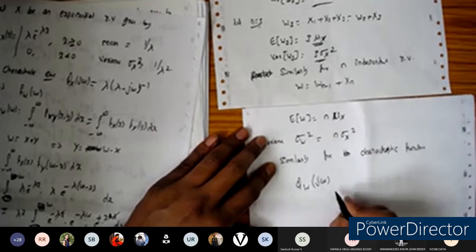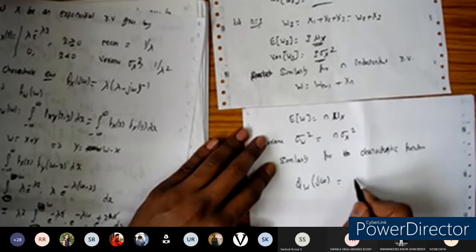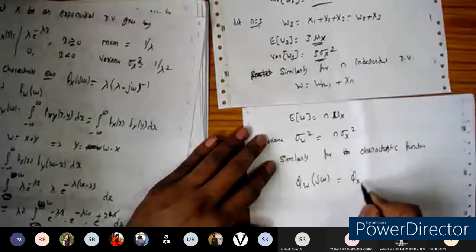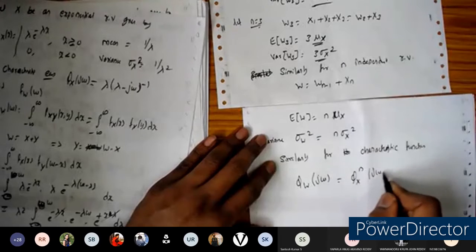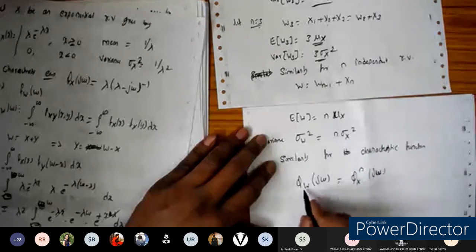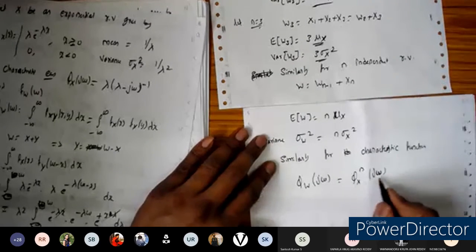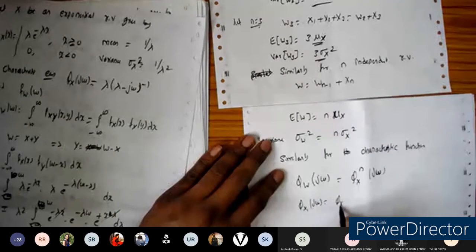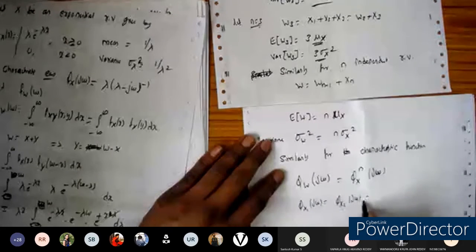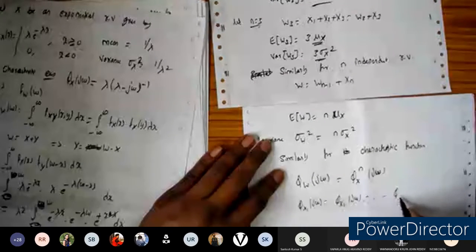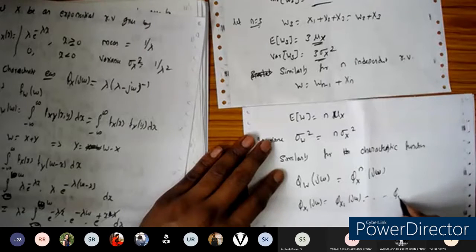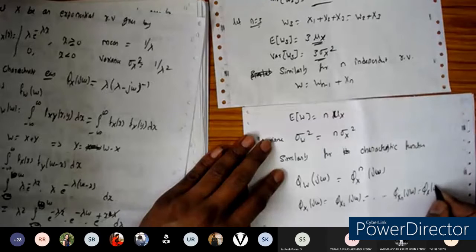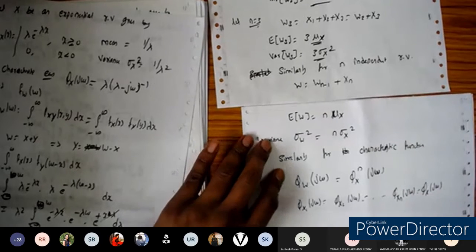The characteristic function of W will be taken as the product of the x n terms. So phi x1 of j omega equals phi x2 of j omega, and so on up to phi xn of j omega, which equals phi x of j omega.